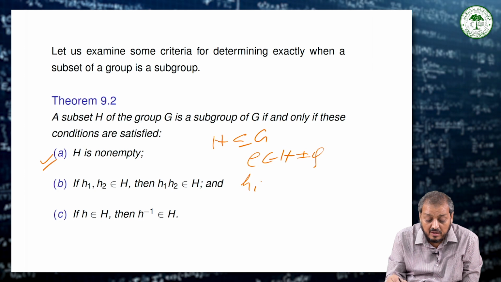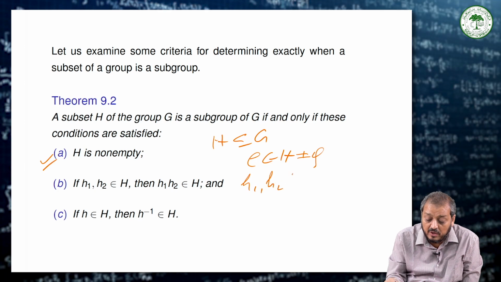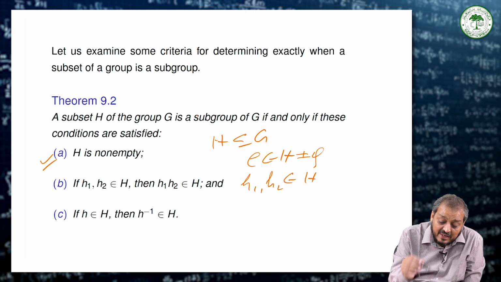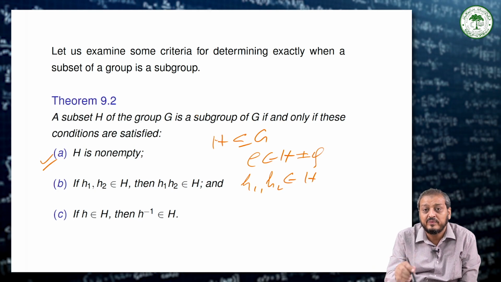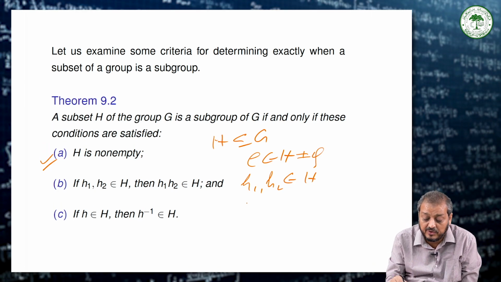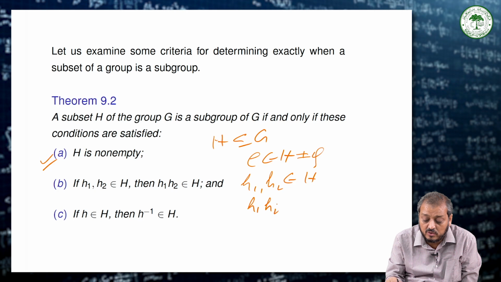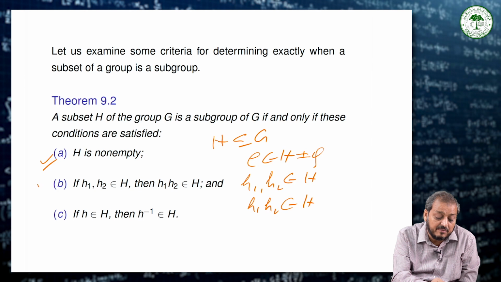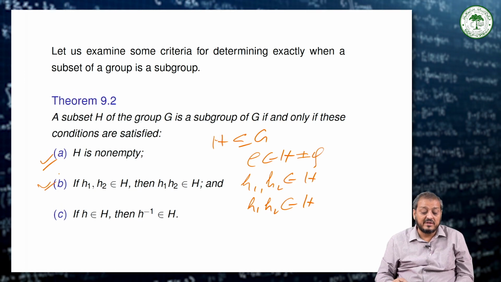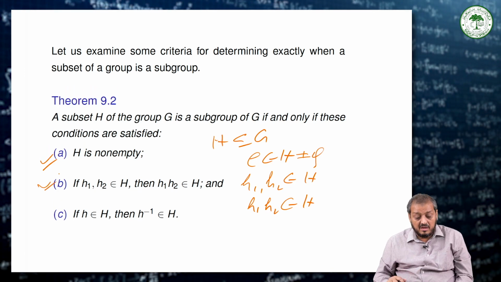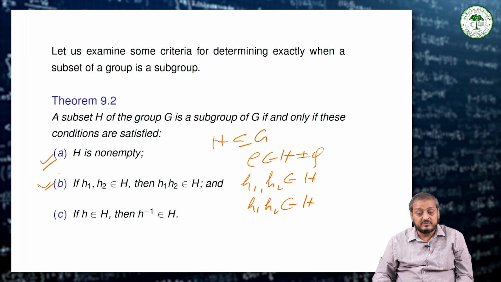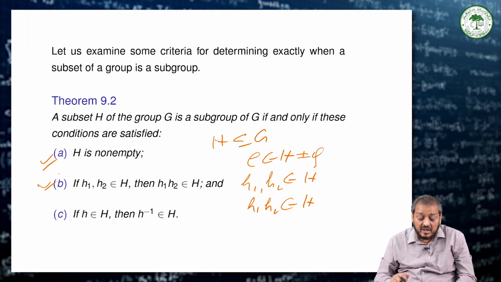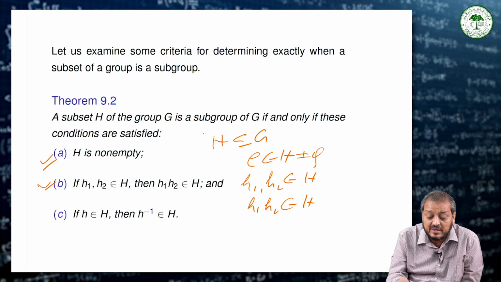Also H is a subgroup. So if we take H1 and H2 as elements of H, because H is a subgroup, this means H is closed under the binary operation. So H1 H2 is also a member of H. So clearly the second property holds. Now the third one is also because H is a subgroup.